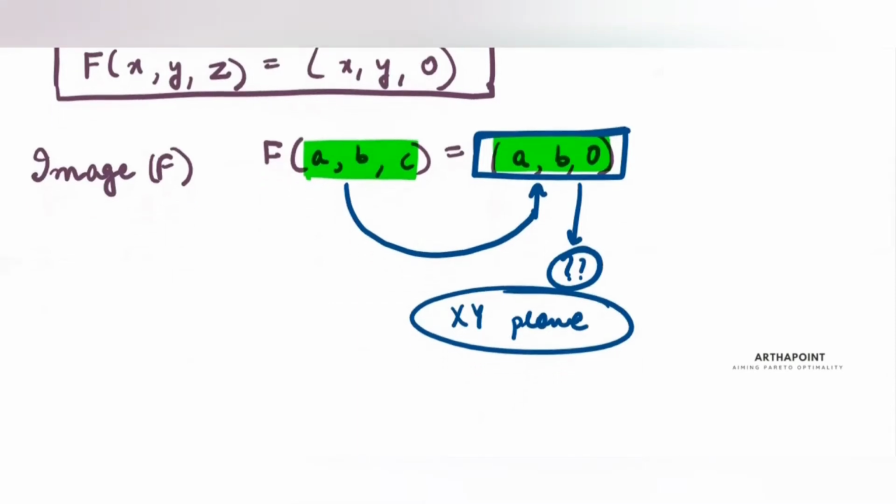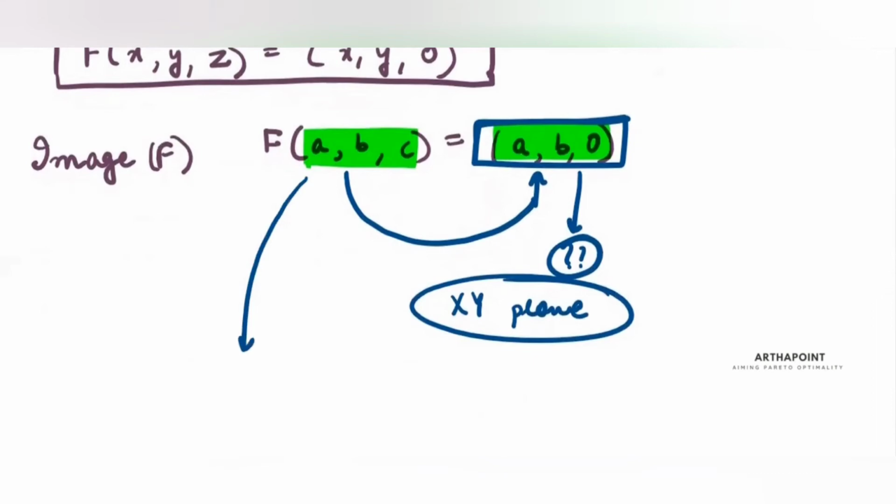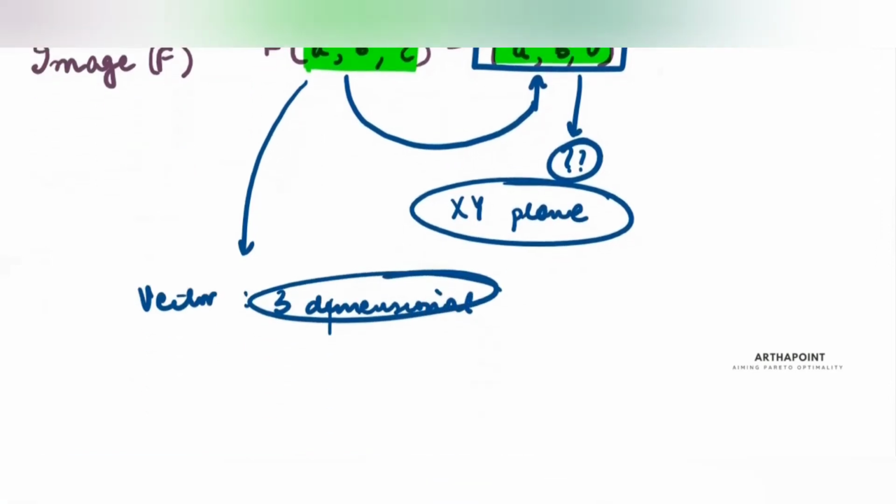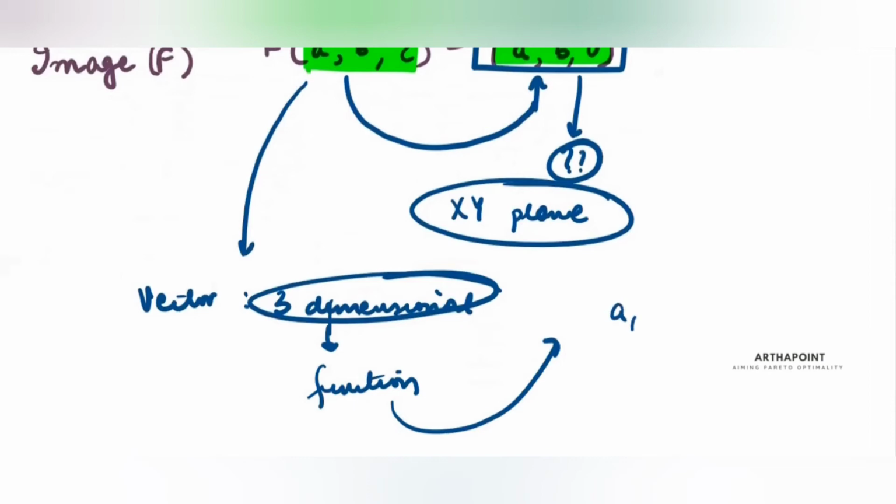Just think about this. You took a vector. This vector was 3-dimensional. You put this vector inside the function, and the function transformed it. It's still 3-dimensional, but the third dimension is always 0.